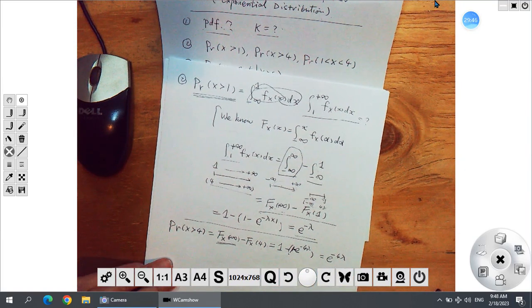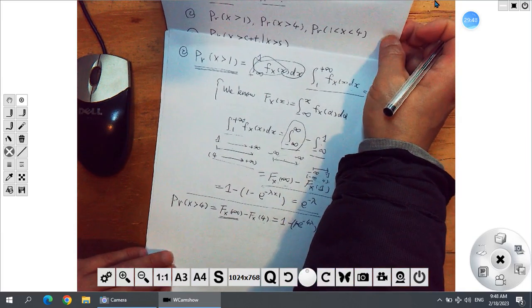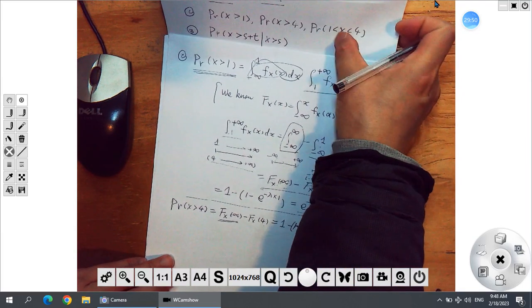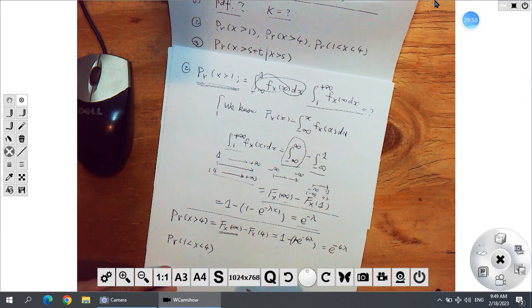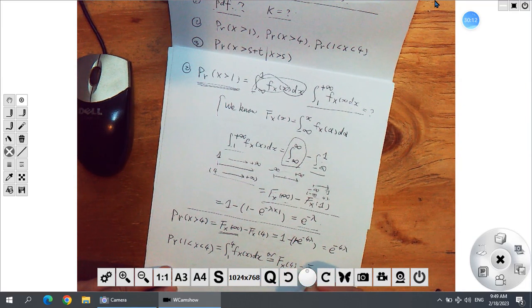Alright, and then we can have another one: the probability of X between 1 and 4. Similarly, you can calculate the integral of f_X dx from 1 to 4, or just F_X at 4 minus F_X at 1, and subtract these two.